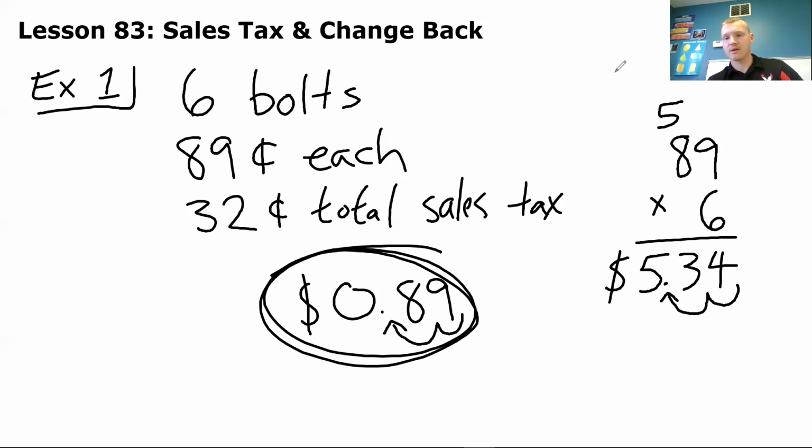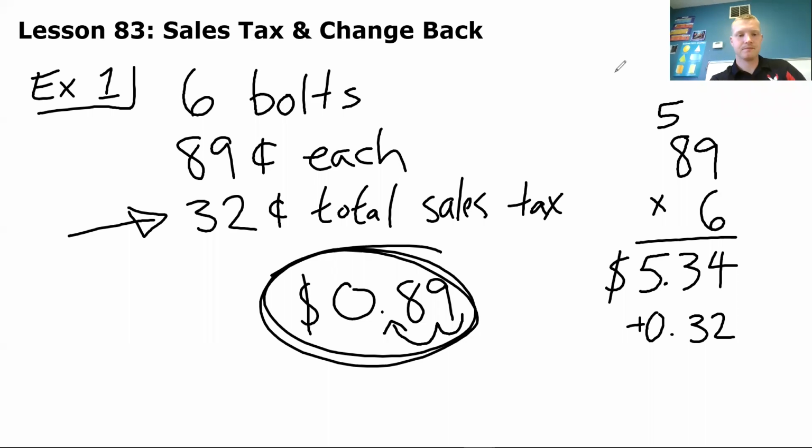So let's say we're in Washington and there's a sales tax of 32 cents. So if we add on that 32 cents, so 0.32, I'm going to get rid of my arrow here. Now if we add on the 32 cents, so 4 plus 2 is going to be 6. 3 plus 3 is going to be 6.